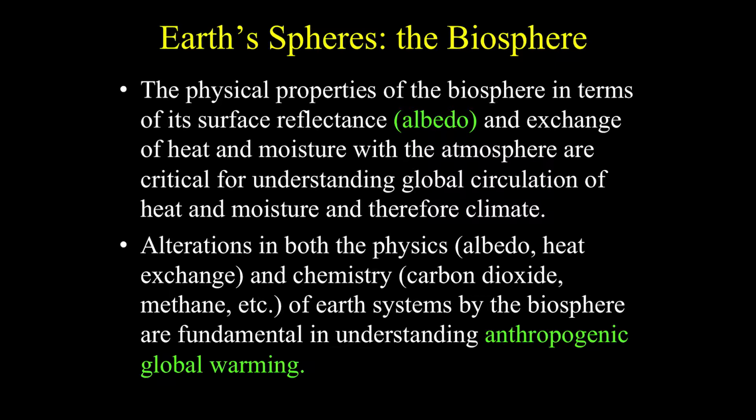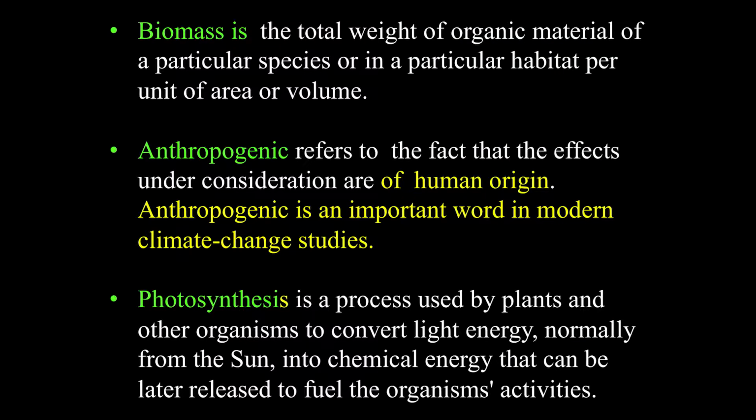Alterations in both the physics and chemistry of the Earth's systems by the biosphere are fundamental in understanding anthropogenic global warming. Actually, I have just summarized the climate change classes. Anthropogenic refers to the fact that the effects under consideration are of human origin. Anthropogenic is an important word in modern climate change studies.